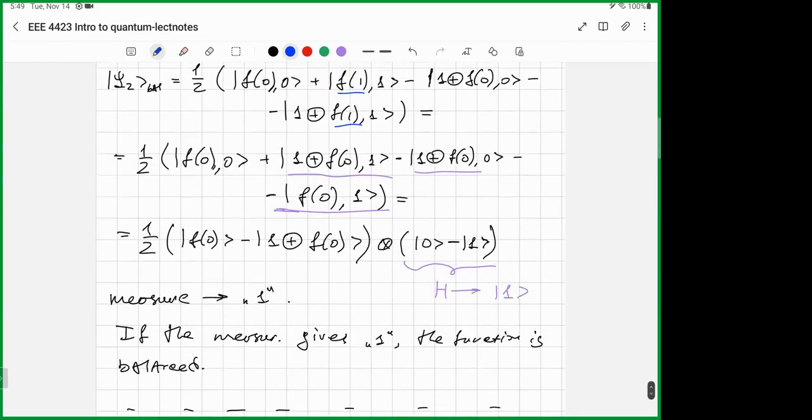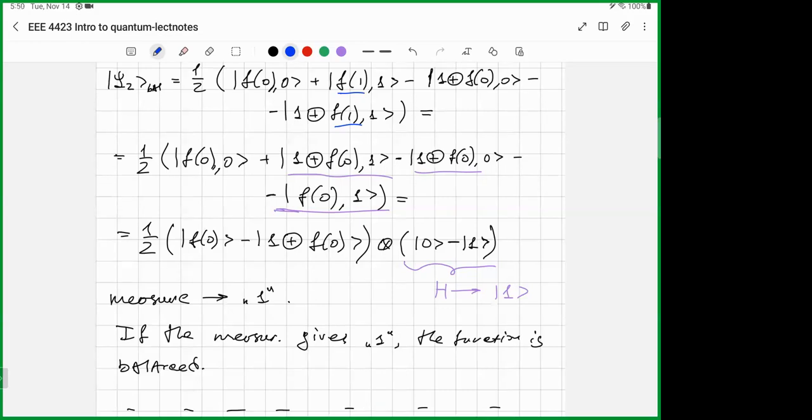So as I said, this Deutsch algorithm is rather useless. I mean, at least I am not aware of any practical applications of this algorithm, other than using this algorithm as a benchmark for quantum computers.